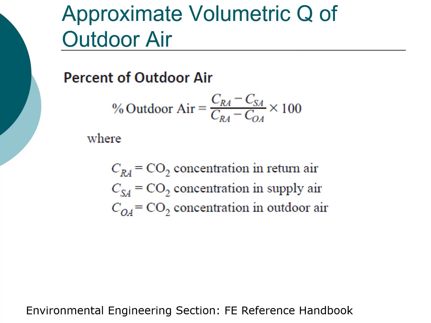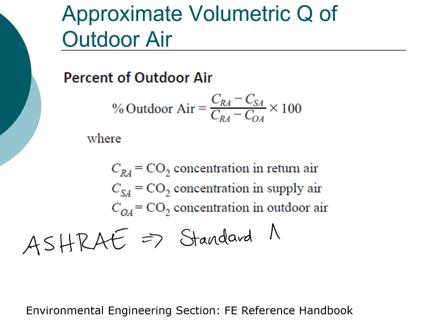This next equation actually comes from ASHRAE, the American Society of Heating, Refrigerating, and Air Conditioning Engineers, Incorporated, and they have a standard, ASHRAE 62, which pertains to ventilation levels for acceptable indoor air quality.